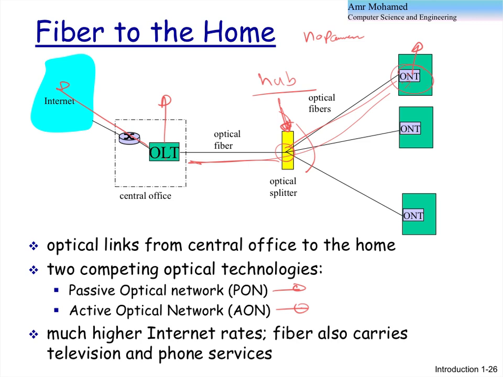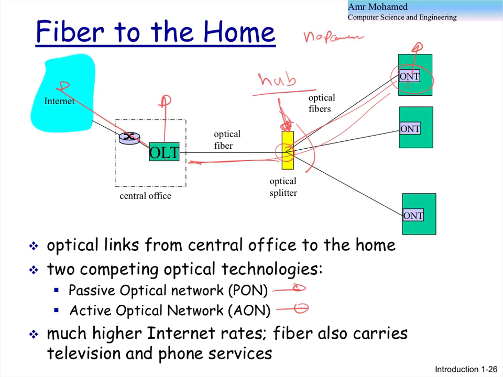There is no energy required in that case. It doesn't convert from one domain to another, and it doesn't need to regenerate the signal. The hub does not require any power. Which is good, and that's why I personally think that the technology that we use in Qatar is PON.